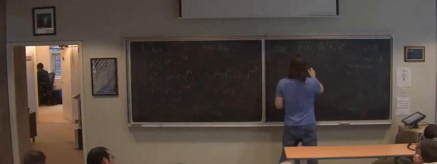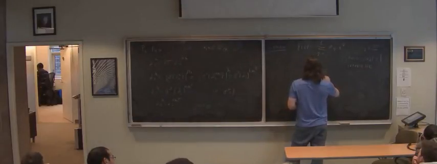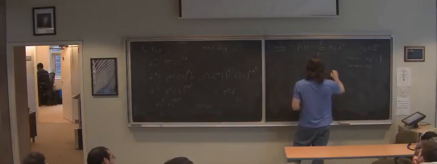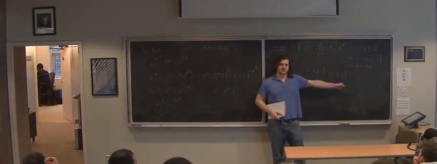Let's not deal with the reducible guys. So let's write it as the leading coefficient times the product of the roots. Now we assume it's irreducible, so all these guys are algebraic conjugates, so they all have the same height.